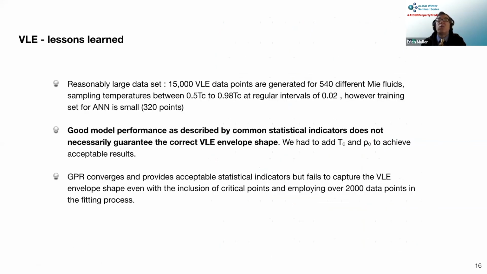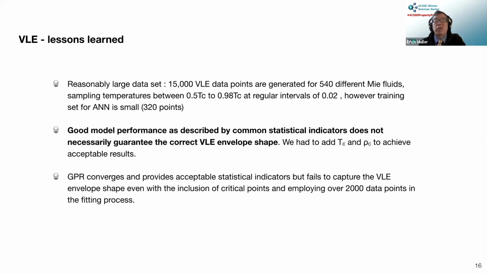Well, with a VLE, we learned that we had to use a very large data set for the ANN. However, the fit was really good. We didn't have any problems fitting. And the other thing that we learned, and it's important, is that the good model performance described by common statistical indicators does not guarantee the correct VLE shape.